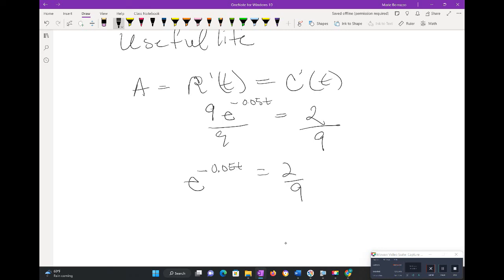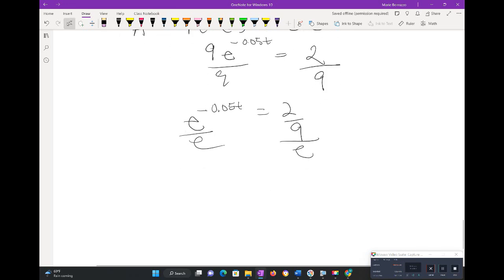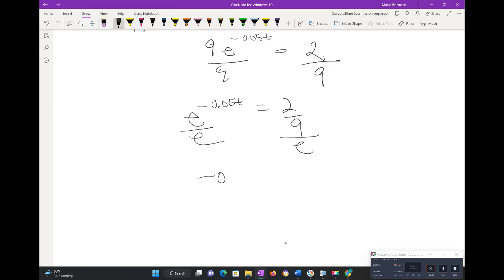I'm then going to take the natural log on both sides, which leaves negative 0.05t on the left hand side, set equal to the natural log of 2/9.